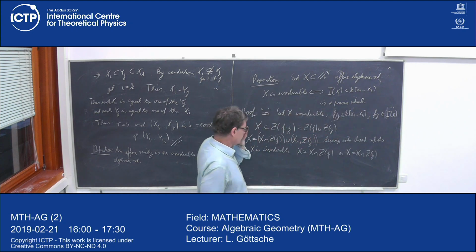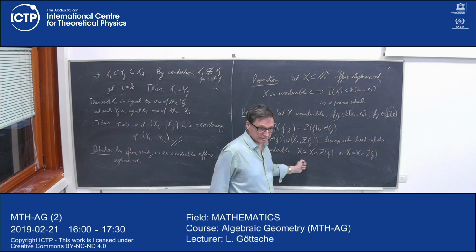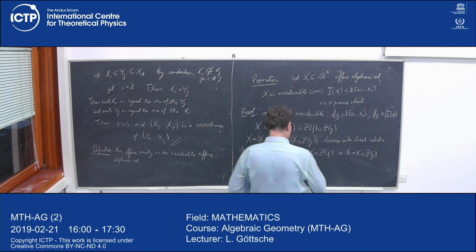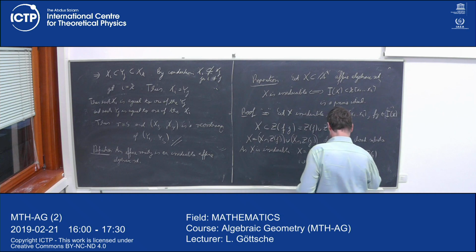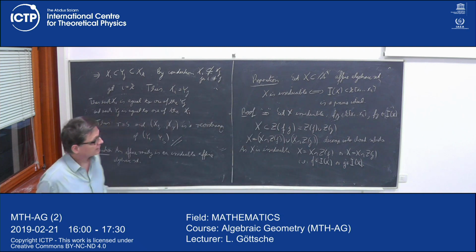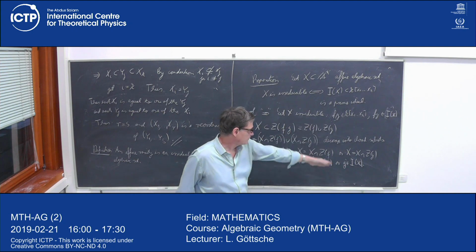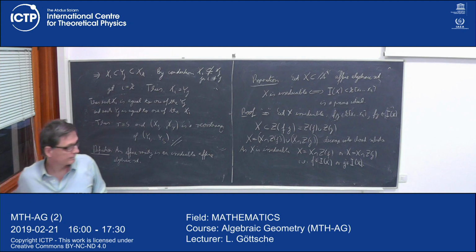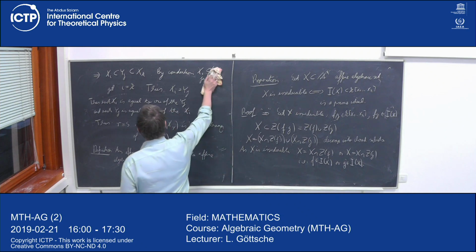But X equal to X intersected with the zero set of f just means that f vanishes on X, so that f is in the ideal of X. So this is the same as f in I(X), or g in I(X). So we apply the irreducibility to the product of these two elements, and we see that if the product lies in the ideal, then one of the factors must.